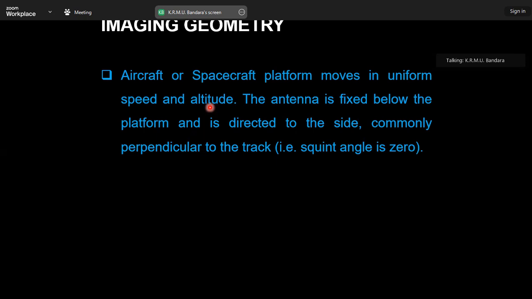The flight direction can be changed in three ways, called kappa, phi, omega in photogrammetry. I will explain when we come to that.